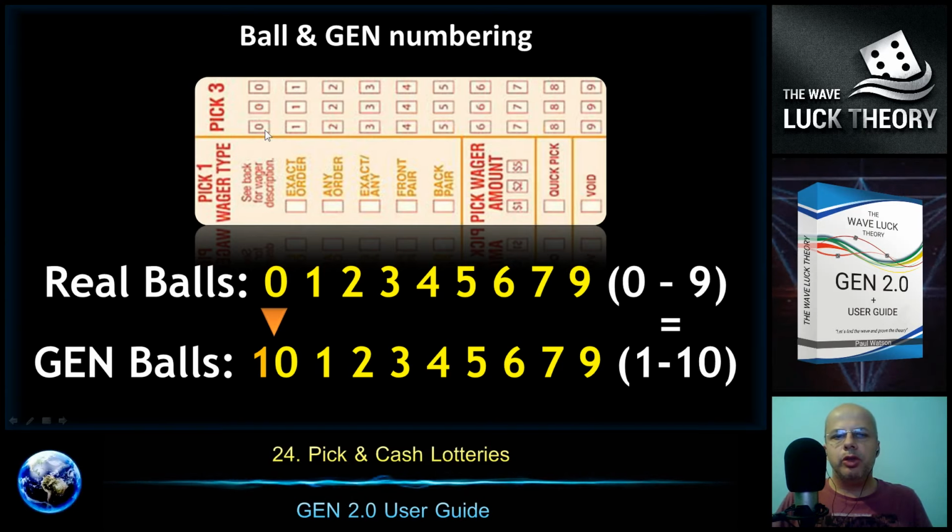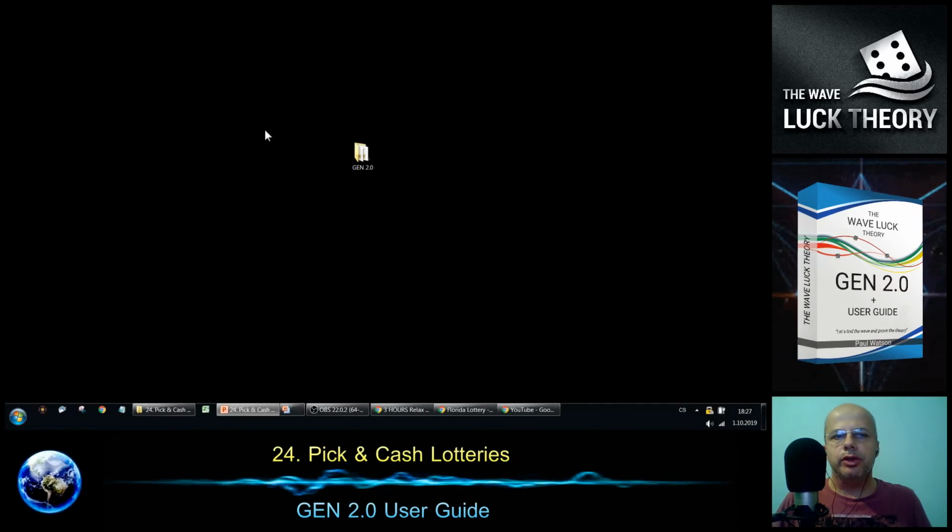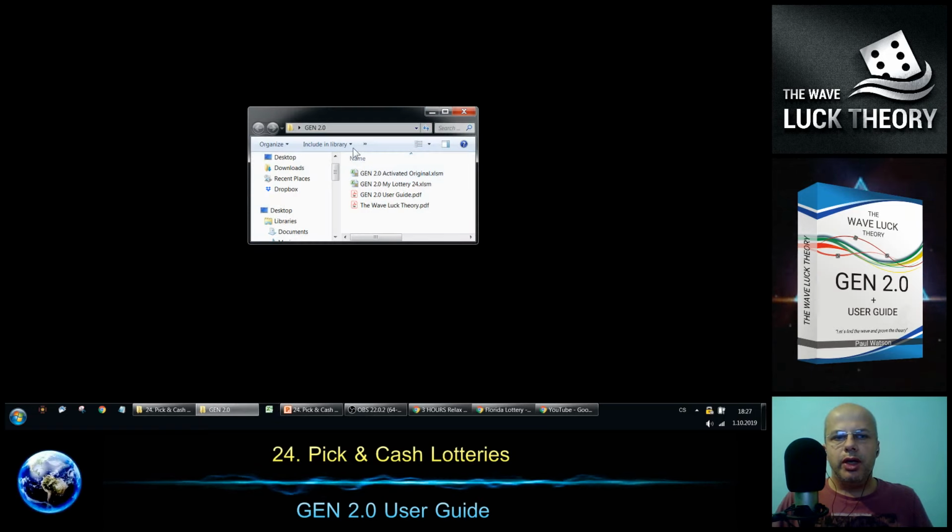So that's a little bit of description, and now let's start to create the preset in the gene and run the generations for these pick and cash lotteries. From the quick start tutorial number 1, we created the folder gene 2.0, and we can create the preset in the activated original or in a copy of the activated original.